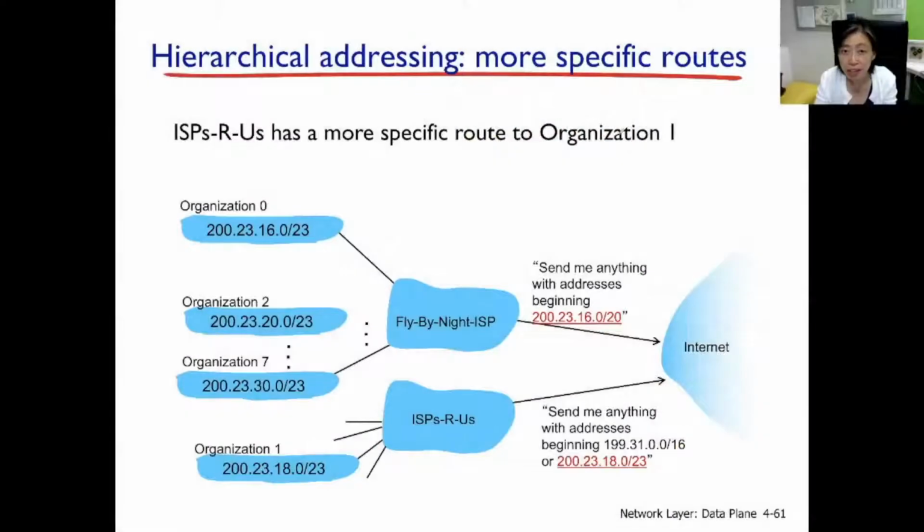So the slide here is actually introducing a very interesting scenario. Organization 1, originally here, is moved down here to a different ISP. So that prefix advertisement will travel down this way, and the ISP will try to aggregate it with the original IP address block.